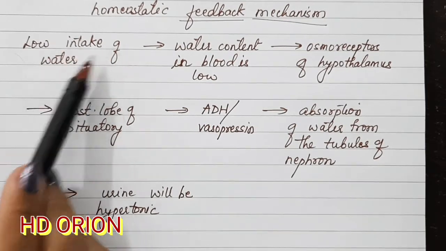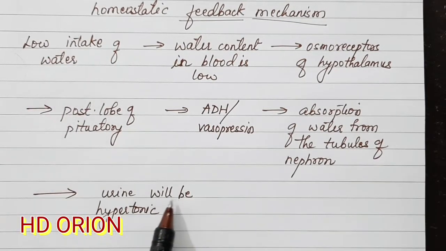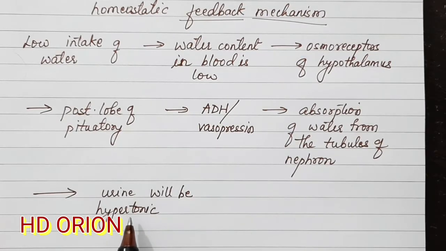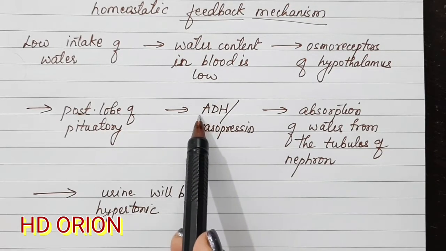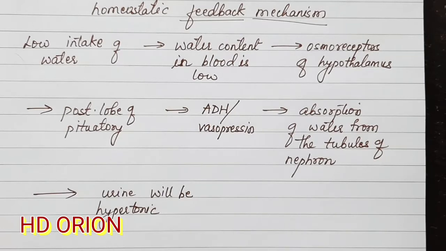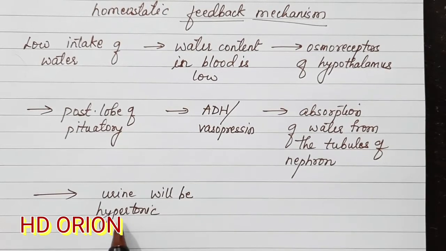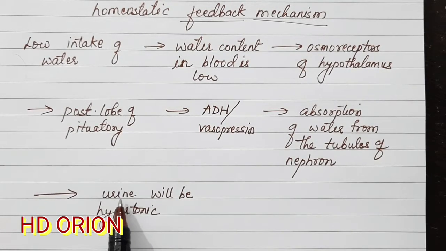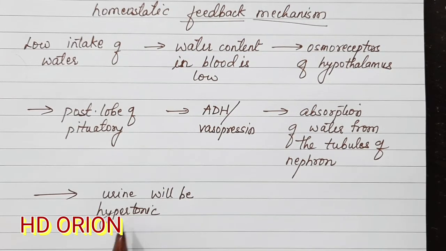So if there is low intake of water, the urine that will be formed will be hypertonic, and this is because of the presence of ADH. The body already has less water, and we do not want to waste it, and therefore hypertonic urine is excreted. This is a sign that the person has to drink water immediately.